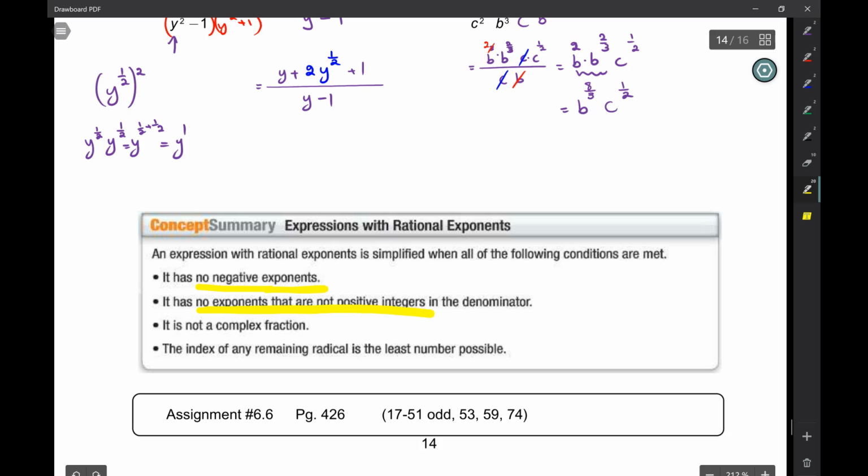So you can't have any fractional exponents in the denominator. It can't be a complex fraction. So you can't have like c divided by 2 divided by 3. And the index is the least number possible. So that's how you know you're done. All right? As far as the improper fractions, if they're in the numerator, it's okay. In the denominator, we don't want any fractions.